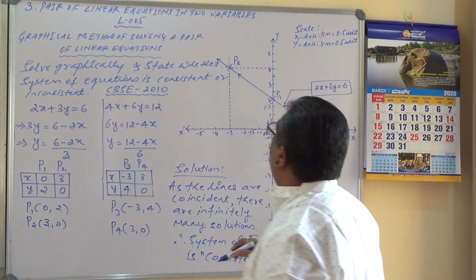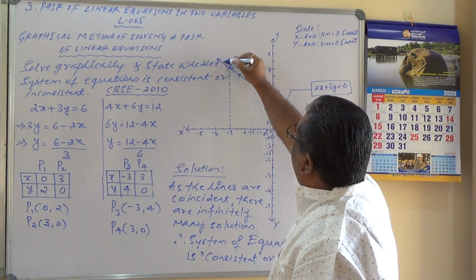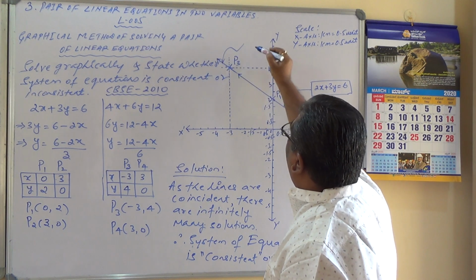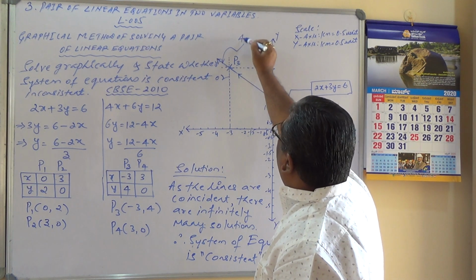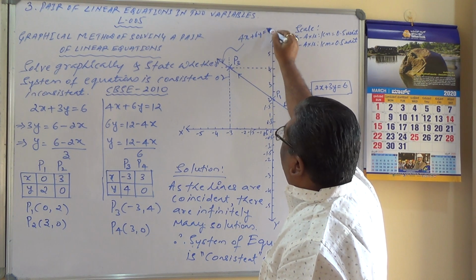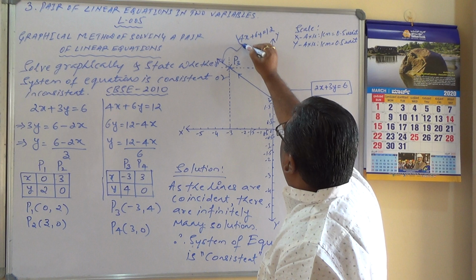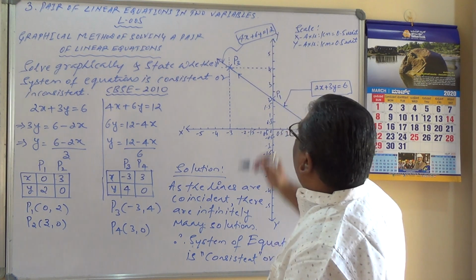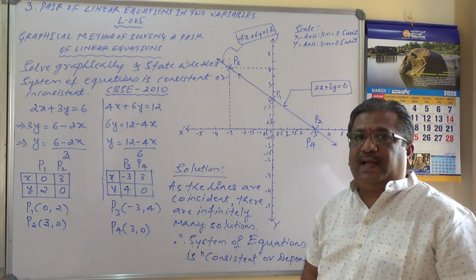So, this line is represented by the equation 4x plus 6y equals 12. These 2 lines are coincident lines.